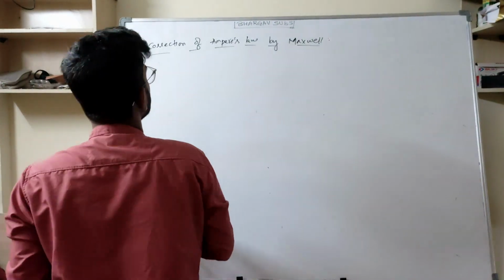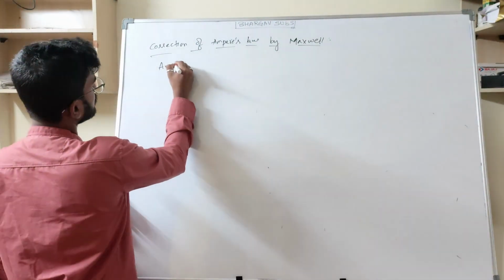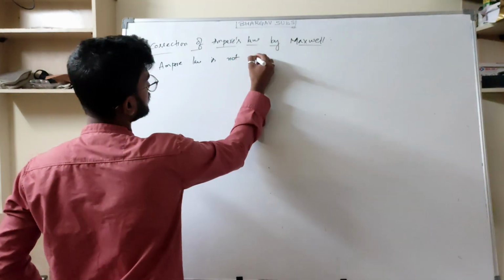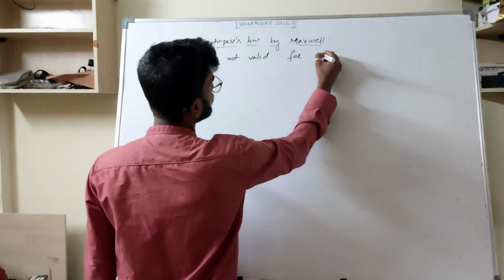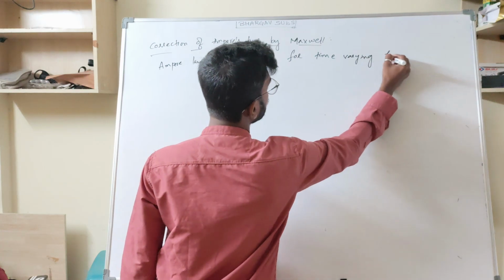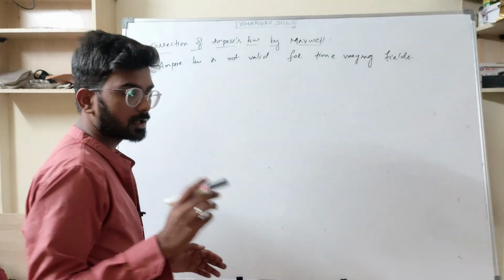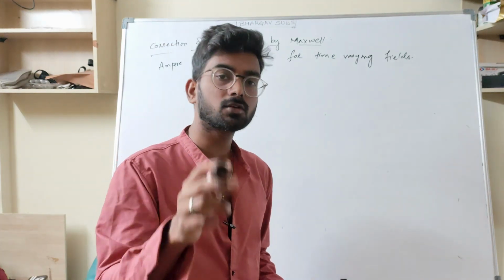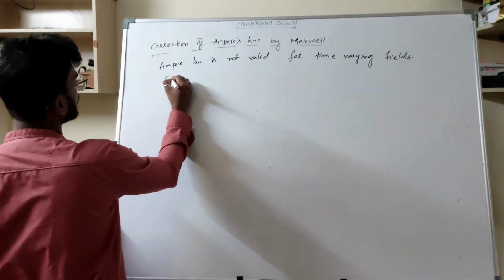So initially Ampere's law is not valid for time varying fields. I told you about conduction current. Conduction current is not only a source of magnetic field, but also it is due to electric field.